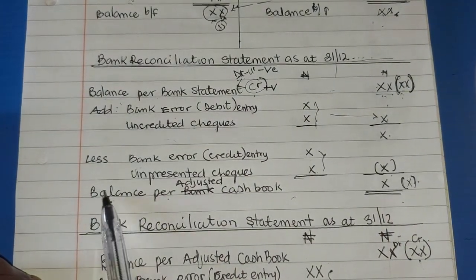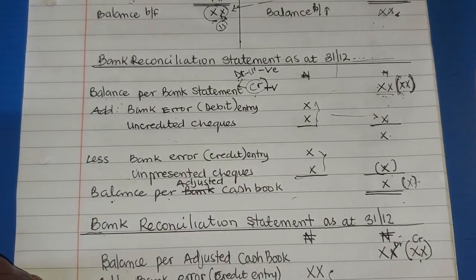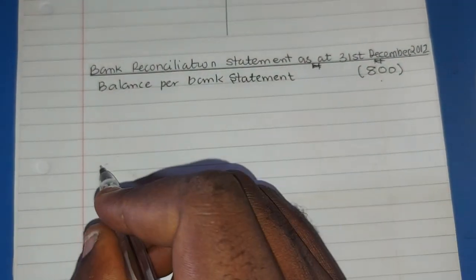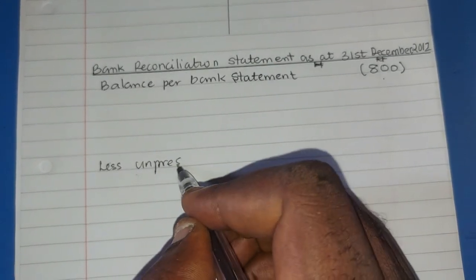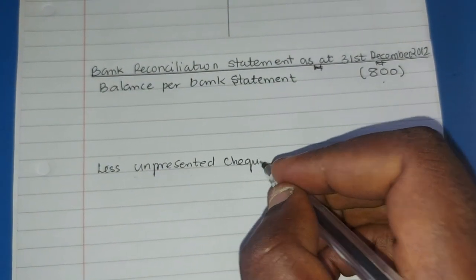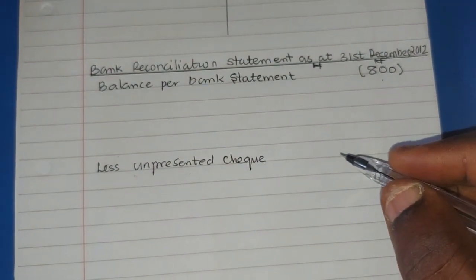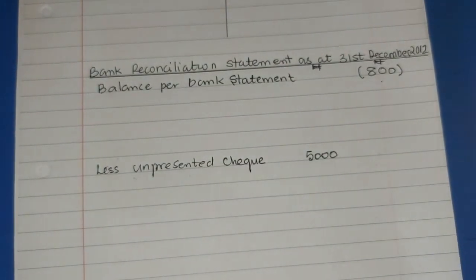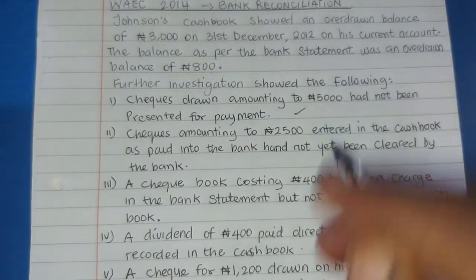So leave about 2-3 lines, then start from here. Say less unpresented check, and that figure is 5,000. You can put it on this first line. Less unpresented check, 5,000. So just tick this out, all right?